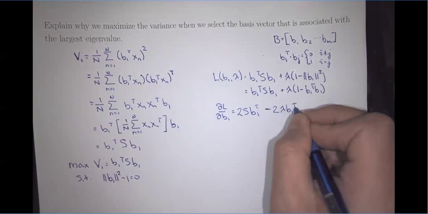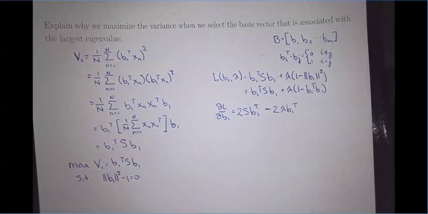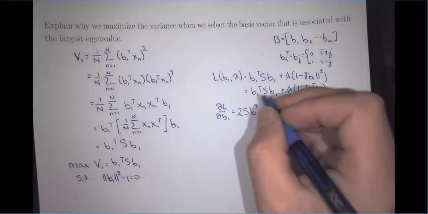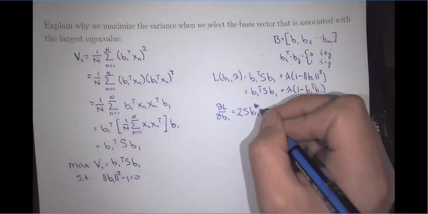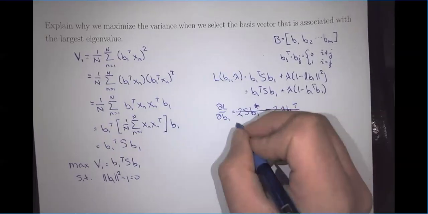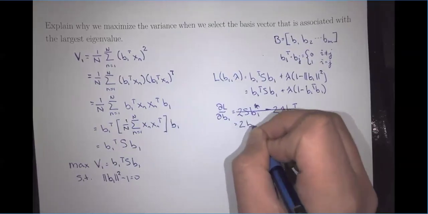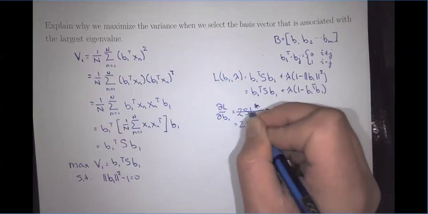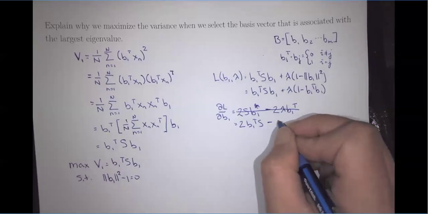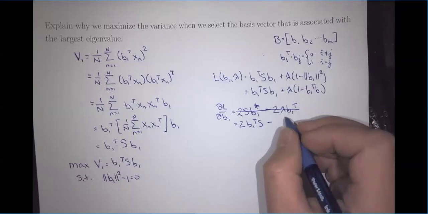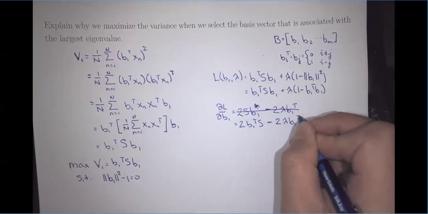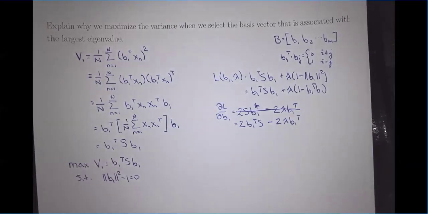Make both of those the transpose ones. I've got to be a little careful here. Let's make this 2 B1 transpose S instead of S B1. We'll make it B1 transpose S minus 2 lambda B1 transpose, just for consistency.